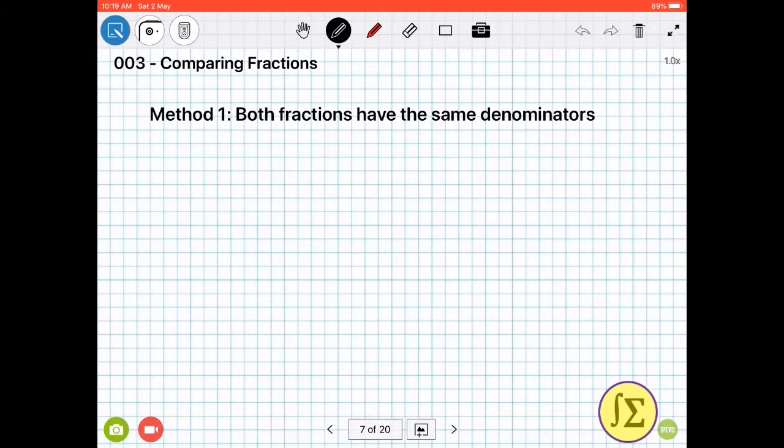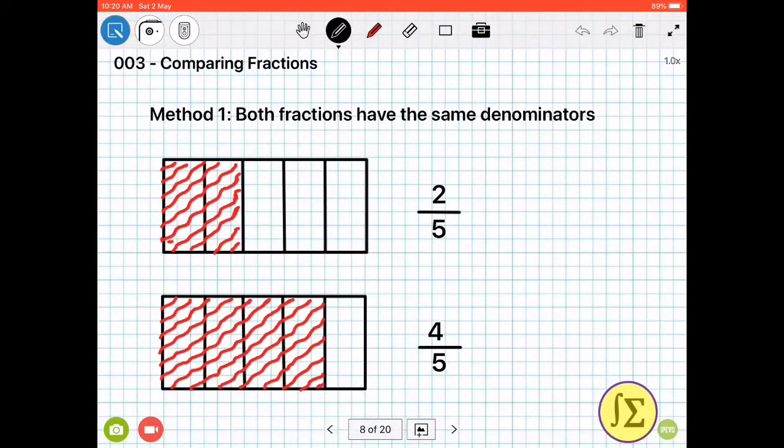Let's look at method number 1, where both fractions have the same denominators. We have looked at this in lesson number 1, so we'll do a quick review. As you can see here, there are two wholes.